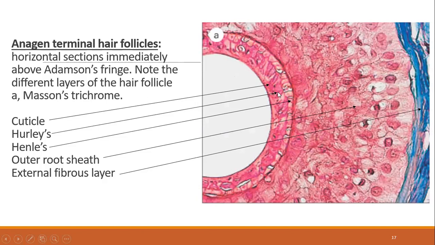Then there is the Huxley layer, then the Henle's layer. Cuticle, Huxley, and Henle: these three layers comprise the inner root sheath. Then there are the multi-layered outer root sheath and an adventitial covering, which is the external fibrous layer.